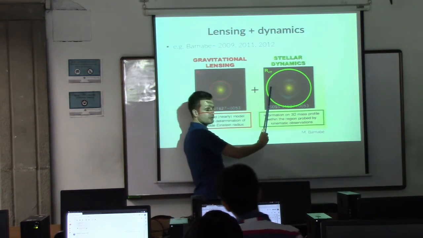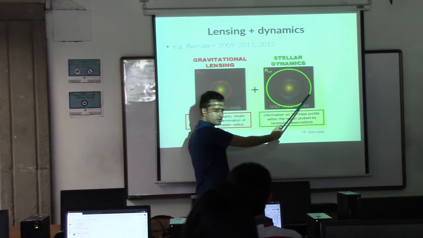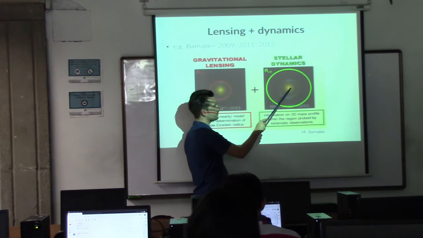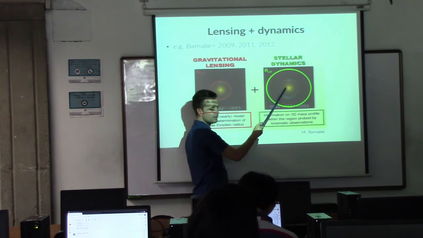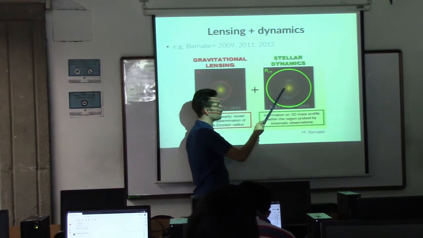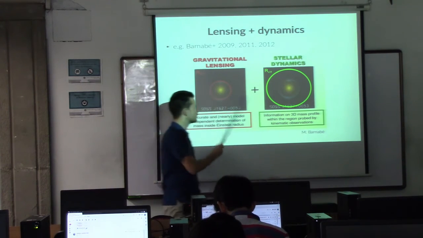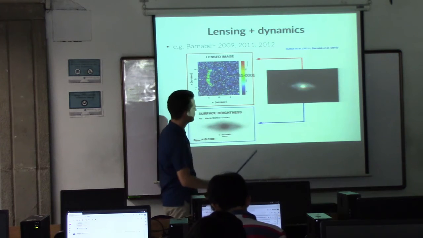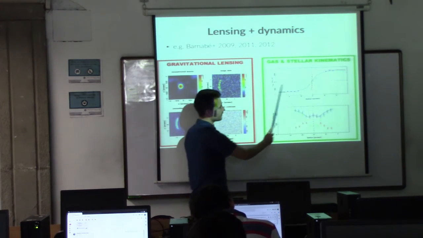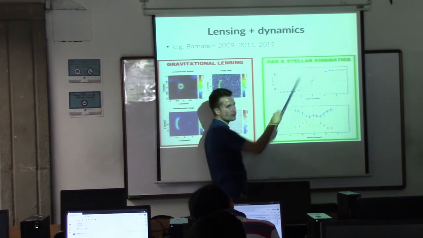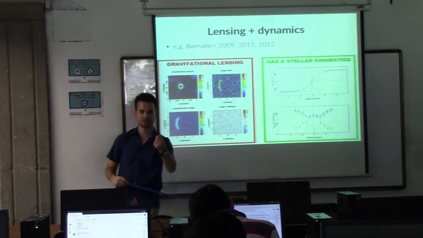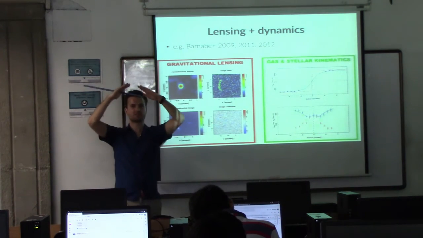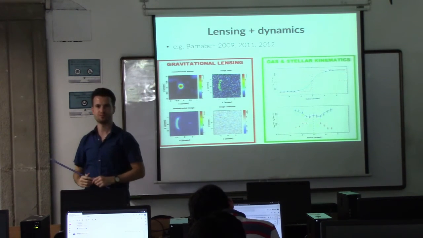But with stellar dynamics you get a probe of how much mass is enclosed as a function of radius. So here you have a single measurement. Here you have that measurement as a function of radius, right? Because the rotational velocity is proportional to the mass enclosed. So this is a nice way to test the mass profiles of galaxies.